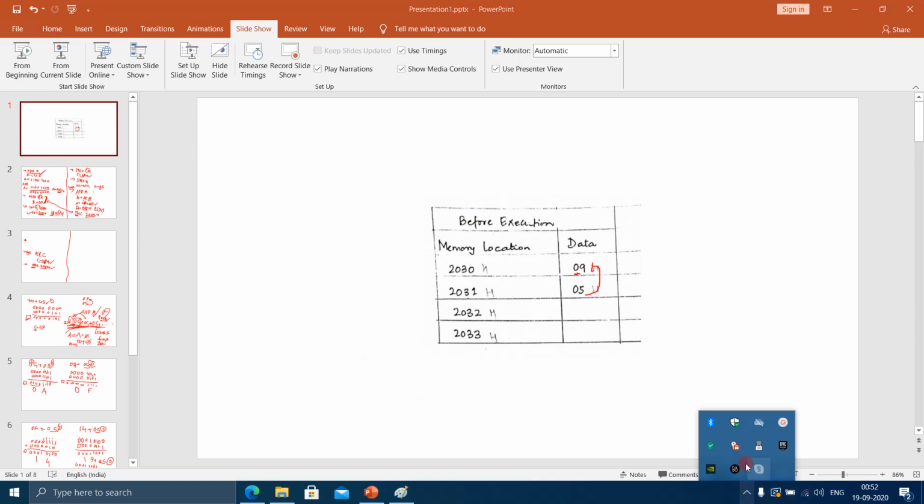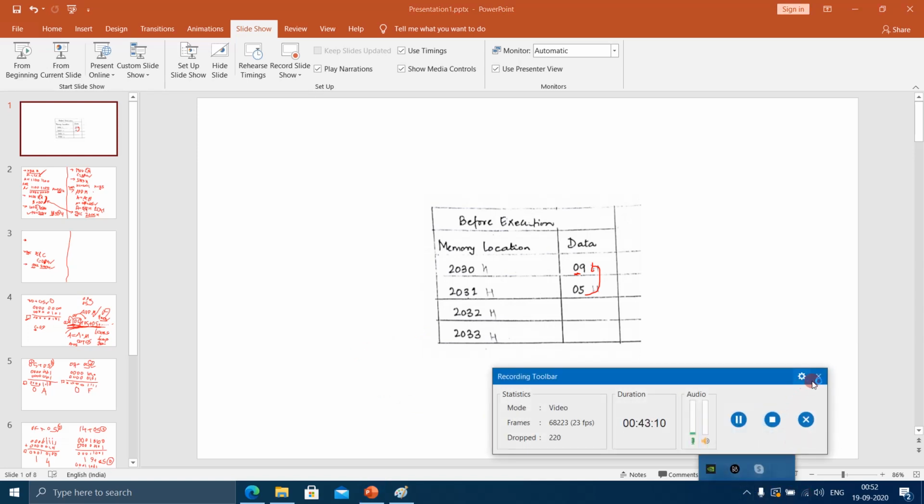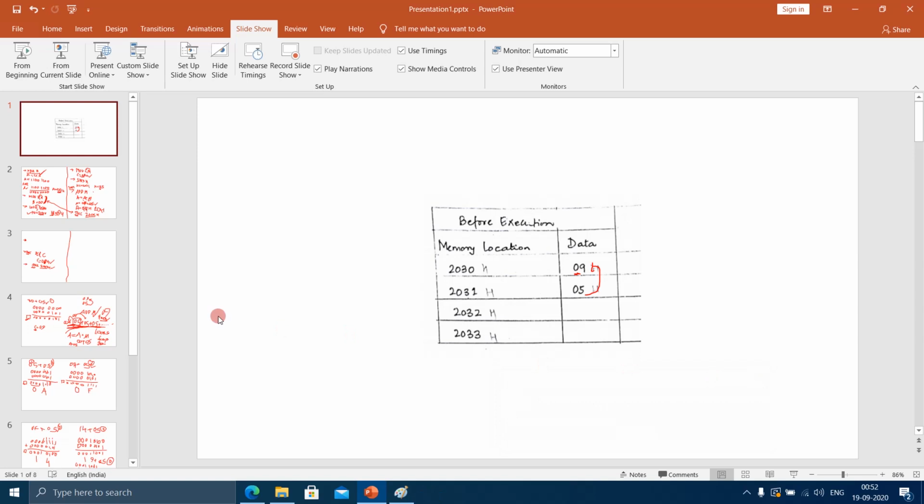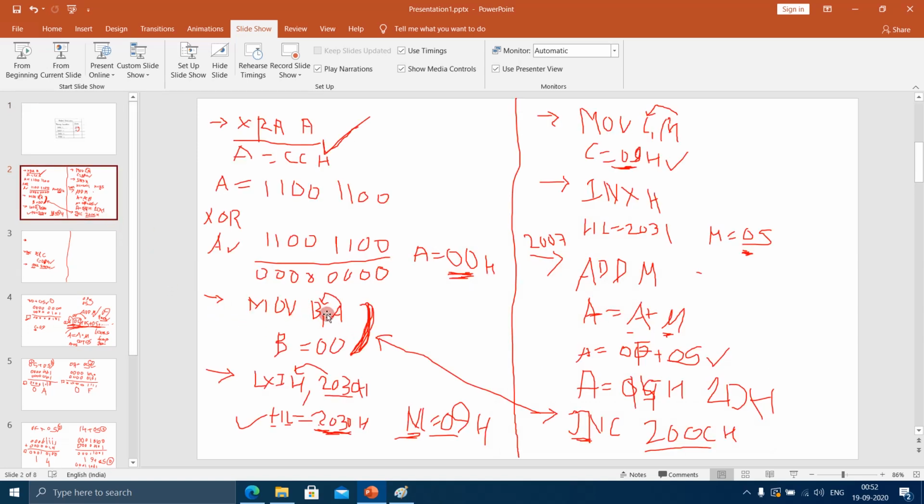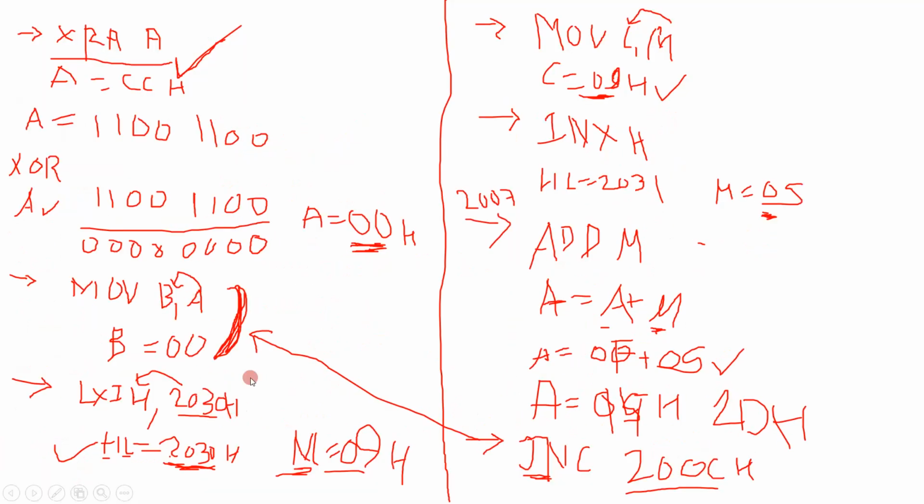So that can be achieved by using this instruction, MOV B, A. See, in between there is B. That's why we have used the B register.